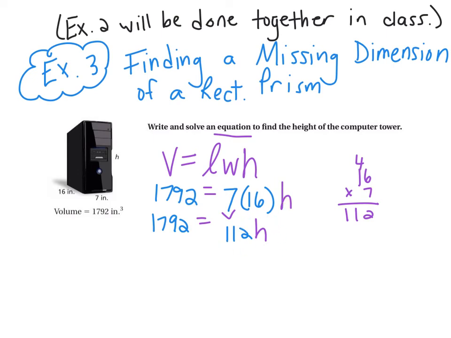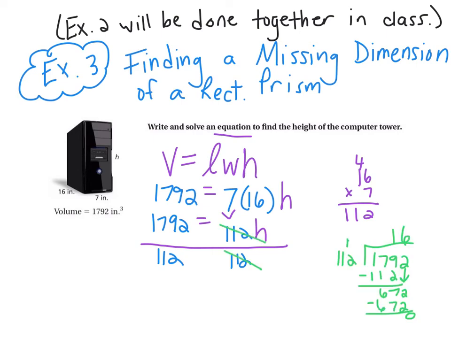So I set up the side math over here, found out that that's 112, and we're still multiplying that by h, but just like we did when we were solving equations before, we've got to get that variable isolated or by itself, and the way we're going to do that is to divide or do the inverse operations, and since it was multiplying here, we're going to divide by that 112. And if we divide by 112 on one side, we're going to have to divide by 112 on the other side.